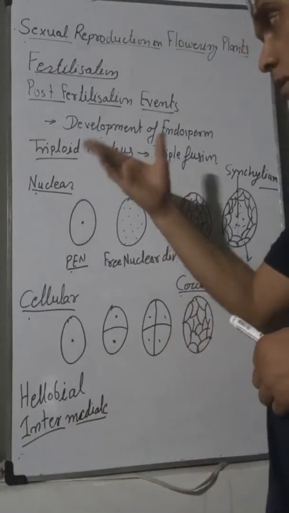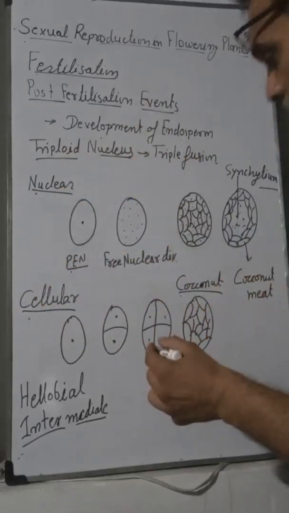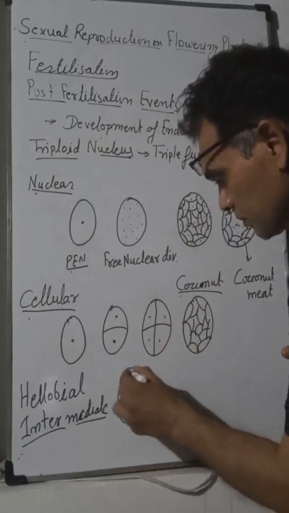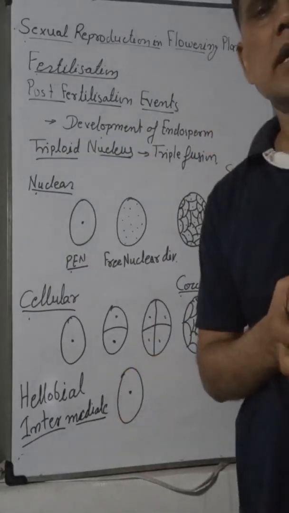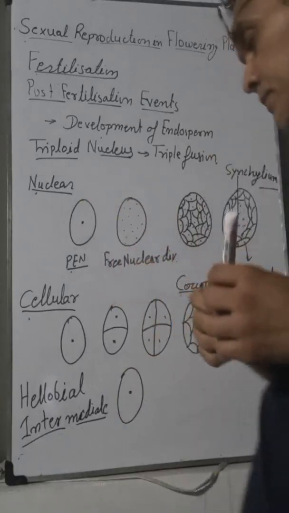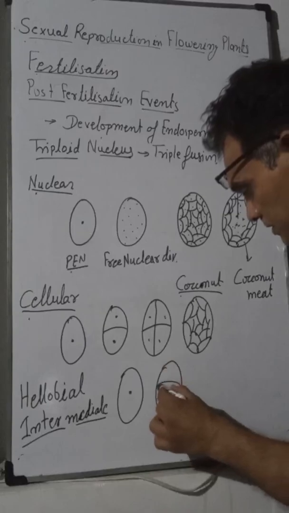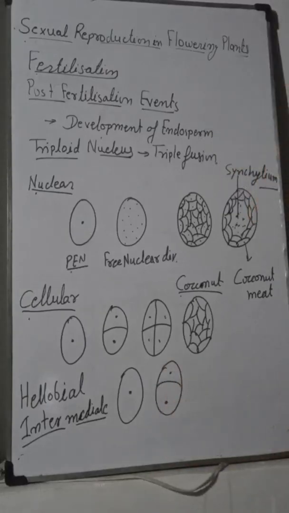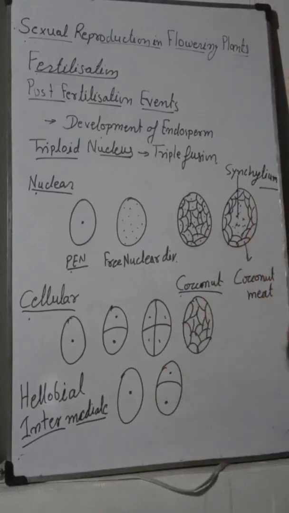It is not nuclear and not cellular. Initially the primary endosperm nucleus enlarges, collecting cytoplasm. Then it divides by transverse division and forms two cells, one towards the micropylar end and one towards the chalazal end.